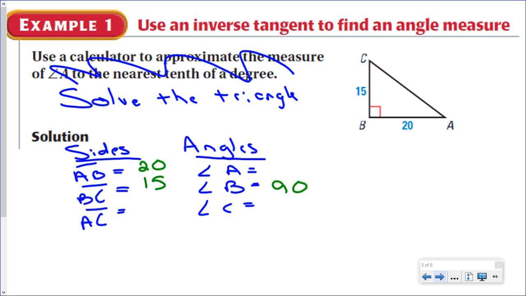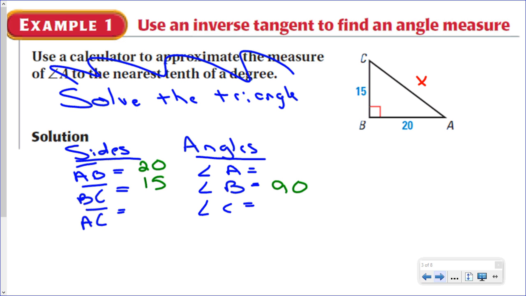The next thing, I have to decide if I'm going to continue solving angles or sides. I look at how many sides I currently have solved for, and then how many angles. I currently have two numbers for the sides and only one number for the angles, so I'm going to continue with the sides. To solve using the sides, I would use c squared equals a squared plus b squared. This unknown side is AC.